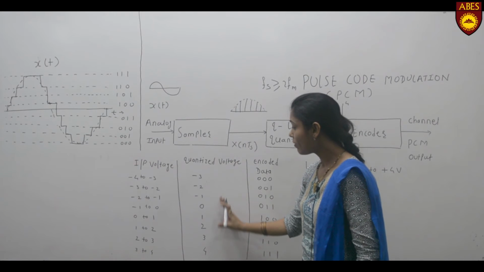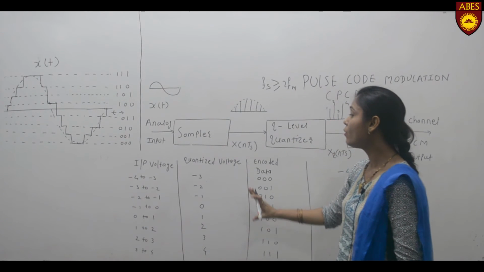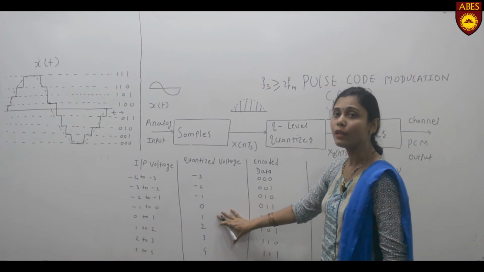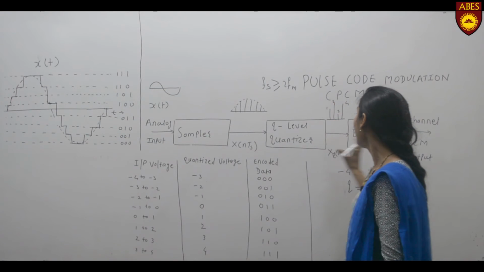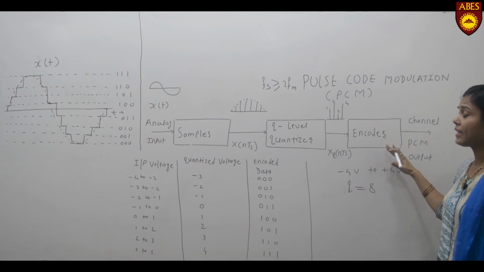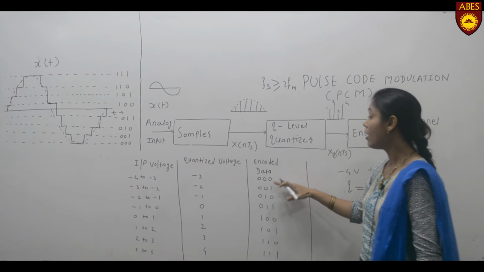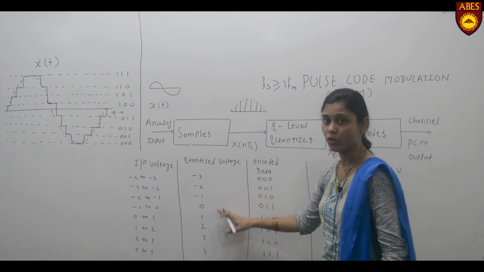Once we get all these voltages, they are going to be encoded with the help of the encoder. This encoder gives a binary combination to each voltage.